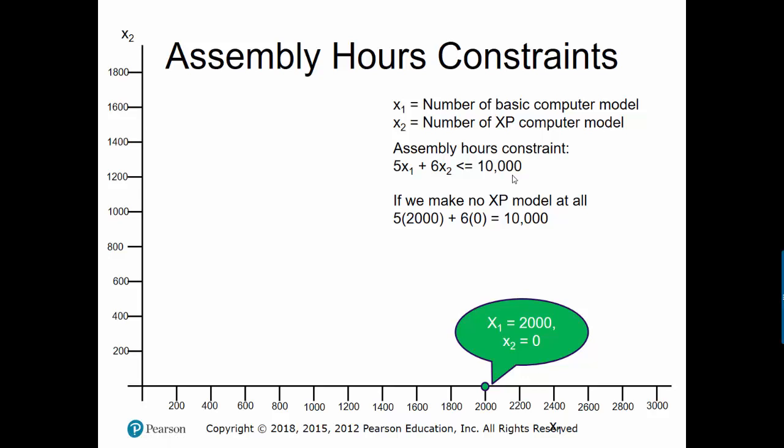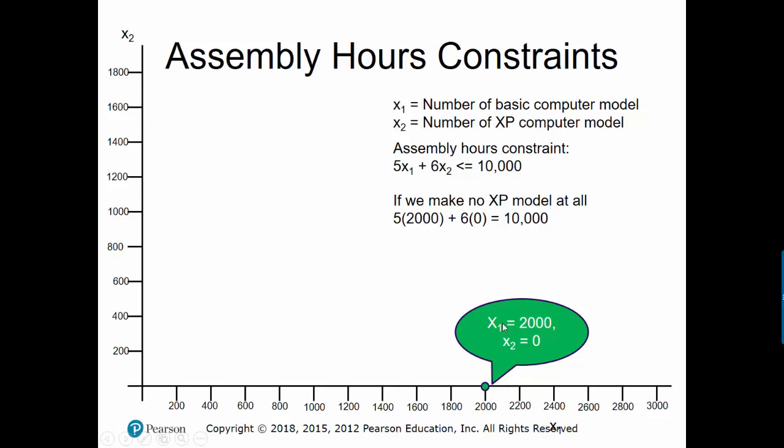The easiest way to draw the straight line is to set one value equal to 0 and find what the other value is. So if you set x sub 2 to 0 and solve for x sub 1 such that the expression equals 10,000, you will get x sub 1 as 2000.